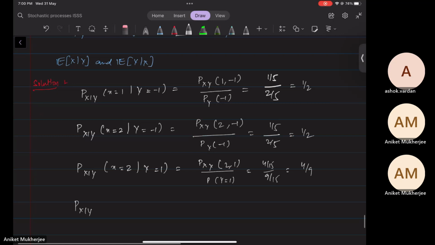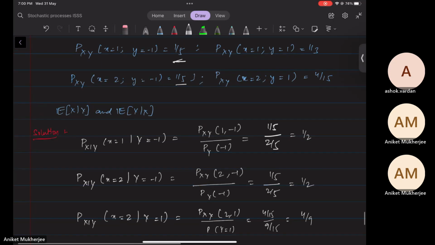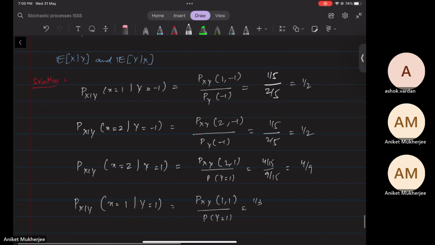And probability of x equal to 1 given y equal to 1 is probability of 1 comma 1 by probability of y equal to 1, which is 1 by 3 by 9 by 15, which is 5 by 9.